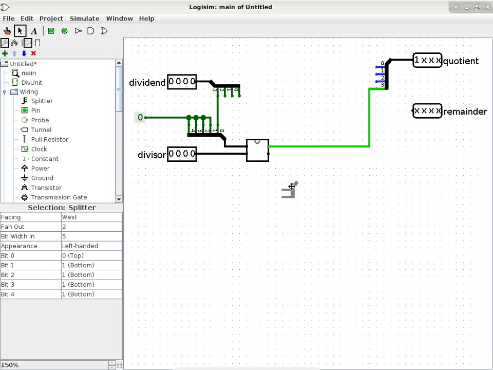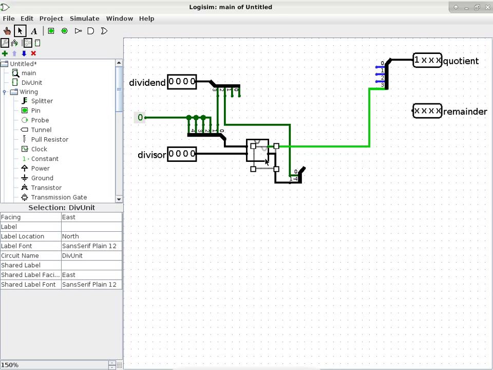I'm just trying to position it so it looks better. Okay, so now we take the output of this, put it into the 4-bit input, and then take this 1 bit here and put it into the 1-bit input of the merger.